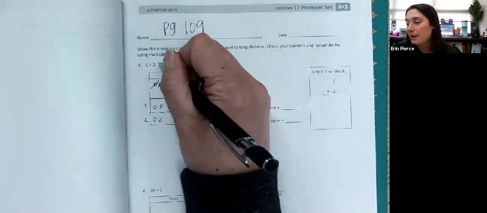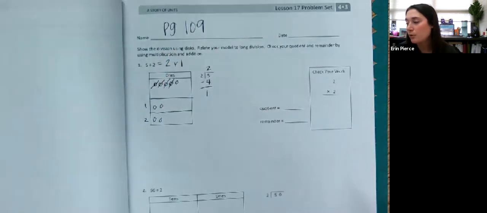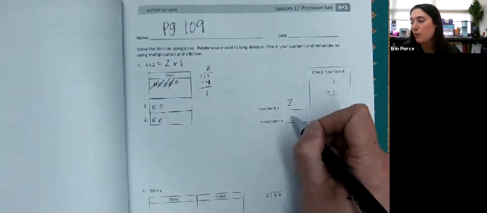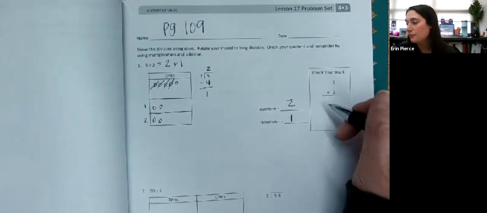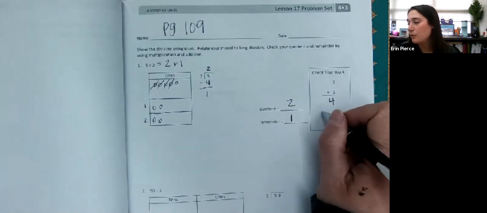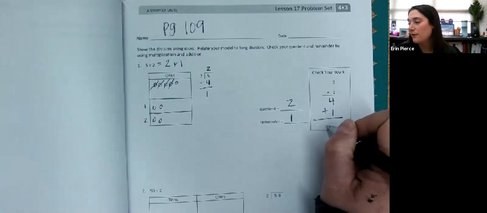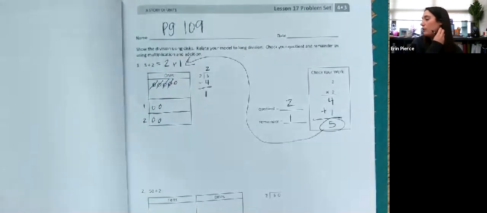So 5 divided by 2 equals 2 remainder 1. Quotient 2 remainder 1. 2 times 2, 4. And then I add back the remainder 1 and I get 5. That's my original whole.